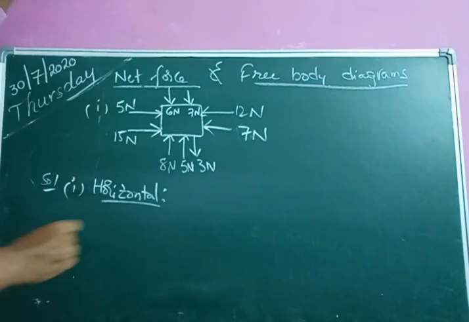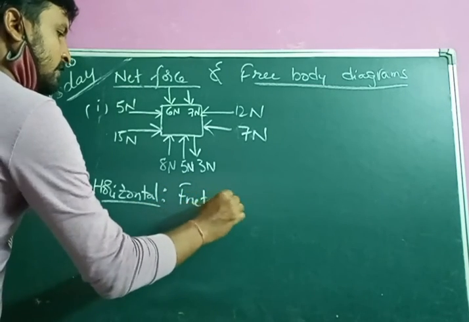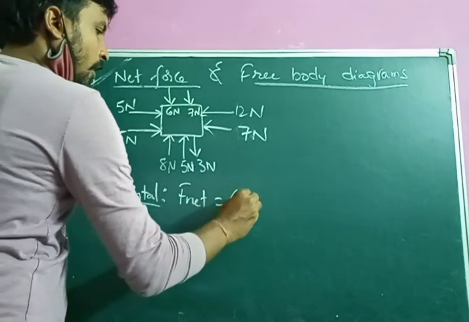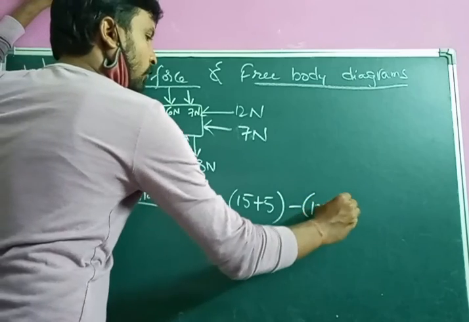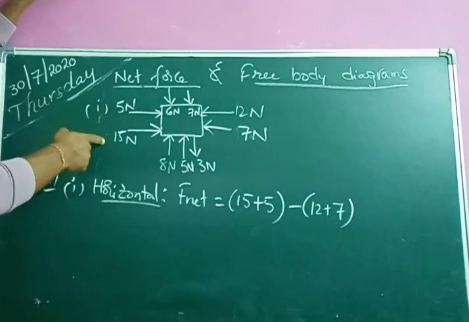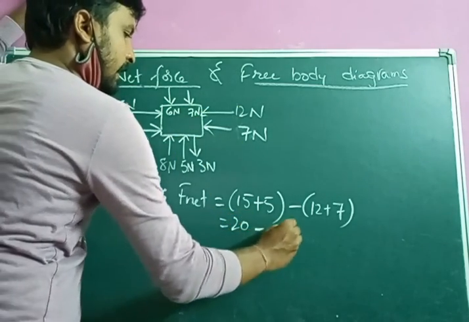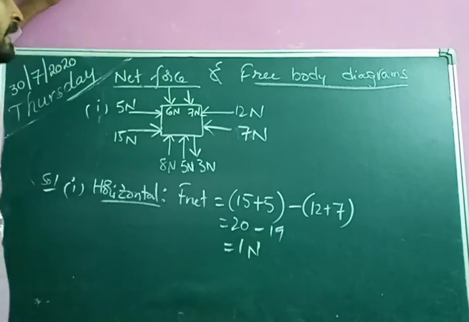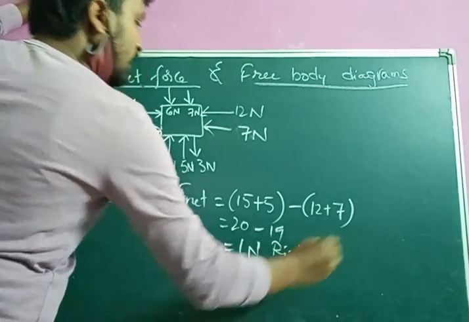So we must subtract: F net in the horizontal direction is equal to 15 plus 5 minus (12 plus 7), because 15 plus 5 is greater than 12 plus 7. So 20 minus 19 is equal to 1 newton, the force acting in the horizontal direction towards the right side.